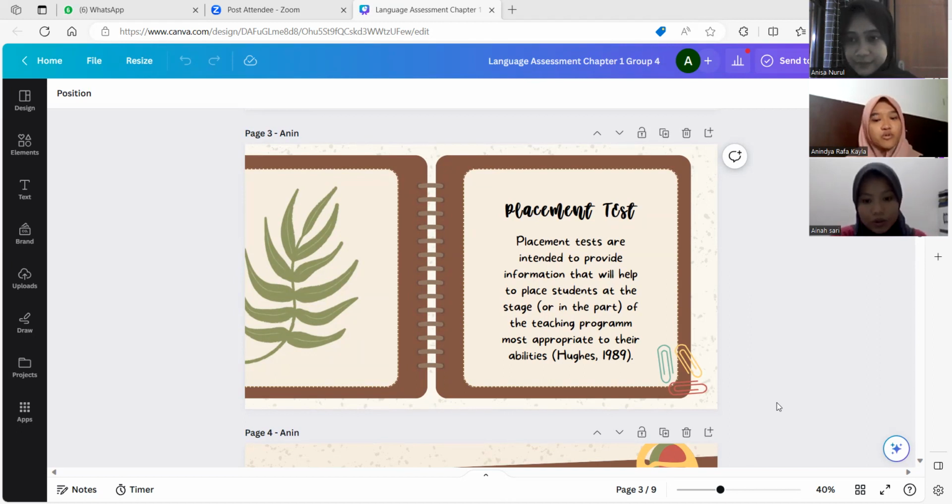So one possible exception is that we make our own placement test for our students, or maybe we can use a placement test for language schools, because there will be similarity among language schools, so that it will resemble each other.